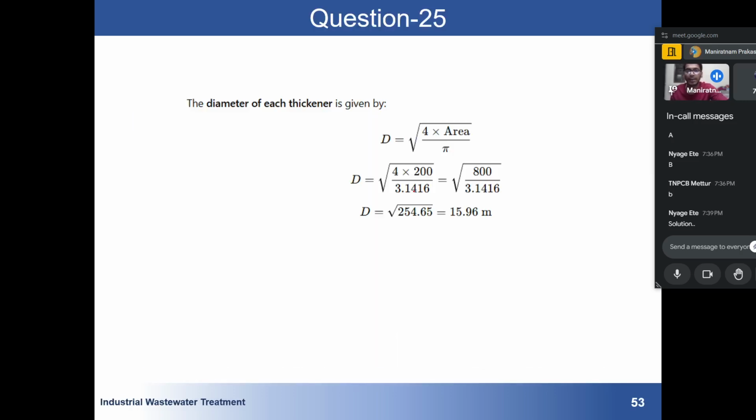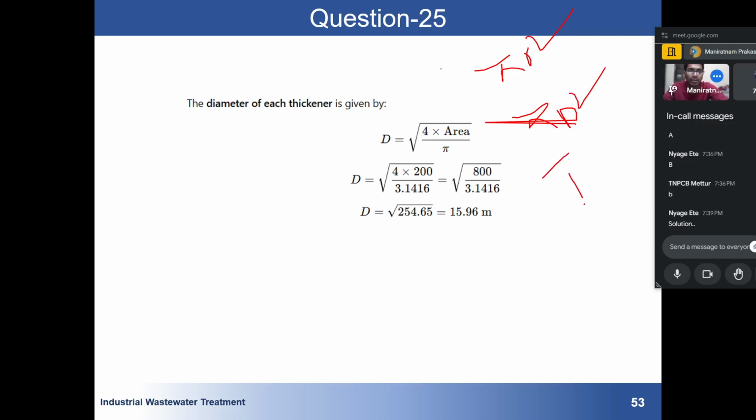We know the diameter of each thickener, as it is circular, then the area is equal to, sorry, pi r square is the area of a circle. If we convert into diameter, then it will be pi d square by 4.